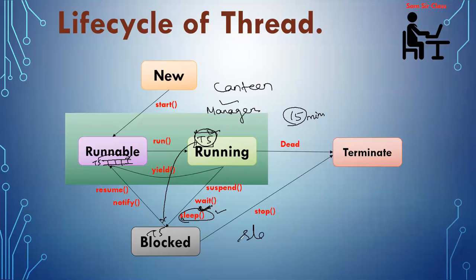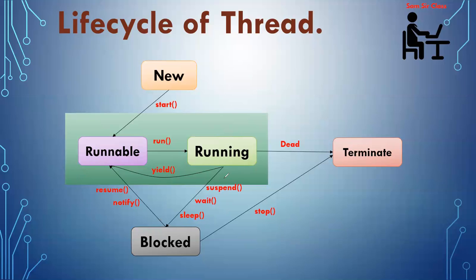Now the sleep method takes some time in milliseconds. Once the thread comes to the block state, the timer will decrement. When the timer set by JVM becomes 0, it will again come to the runnable state. So this is the use of the block state in the thread life cycle.